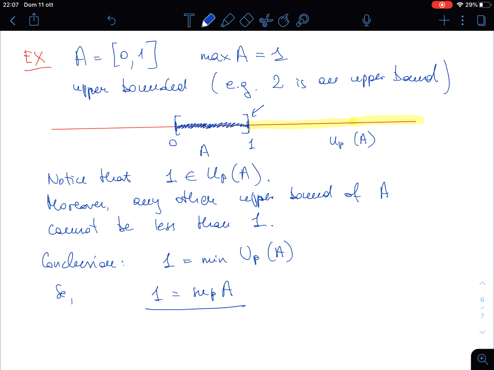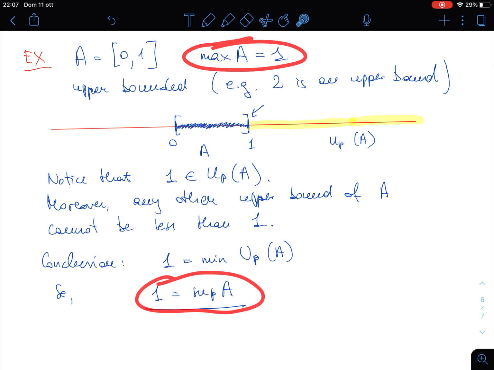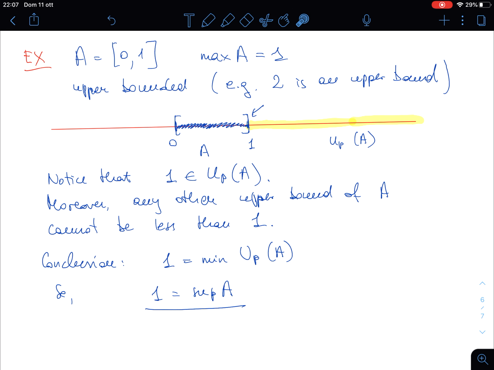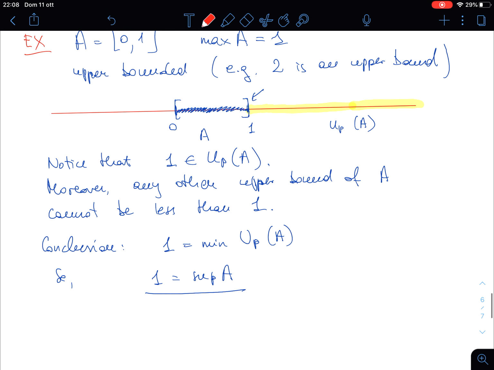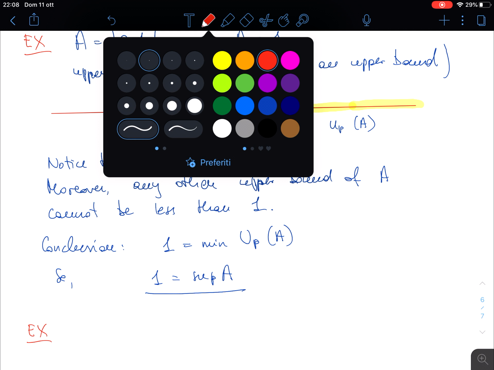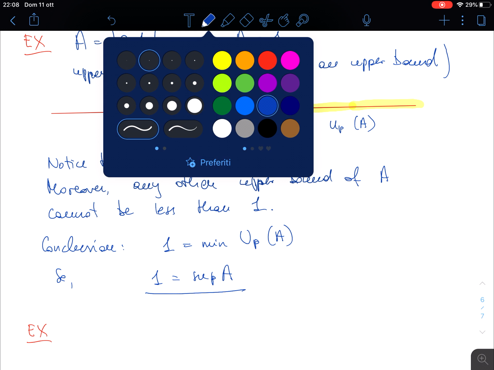Notice that here the supremum equals the maximum. This is not by chance, this is a rule, an easy result to prove. So I suggest you try to prove it, and the result is the following.